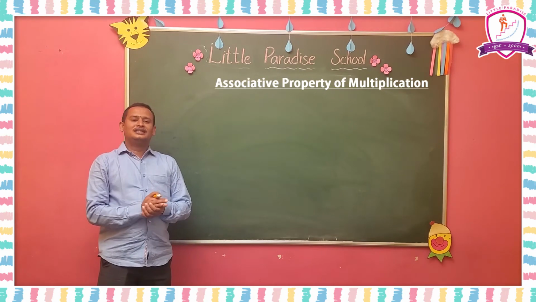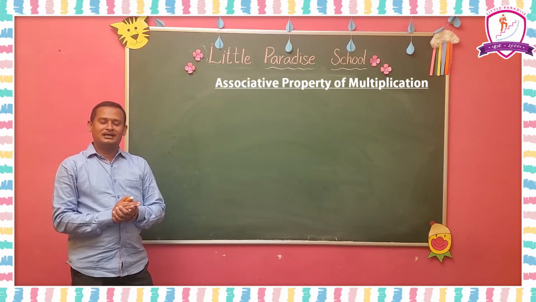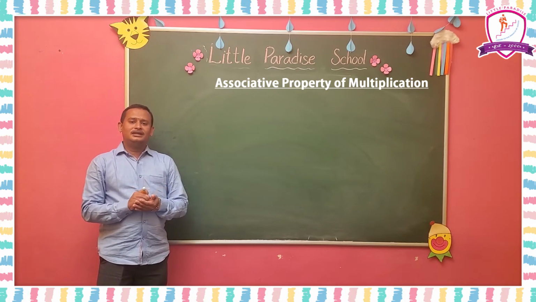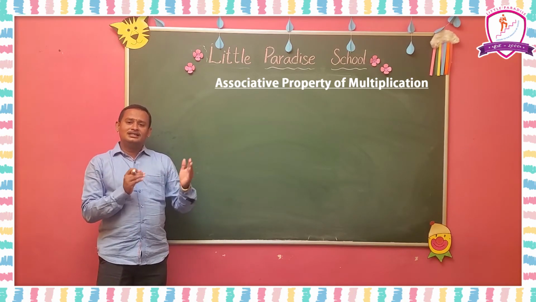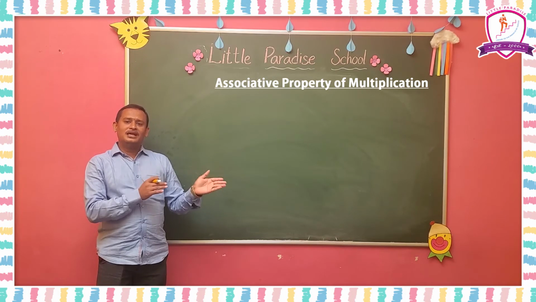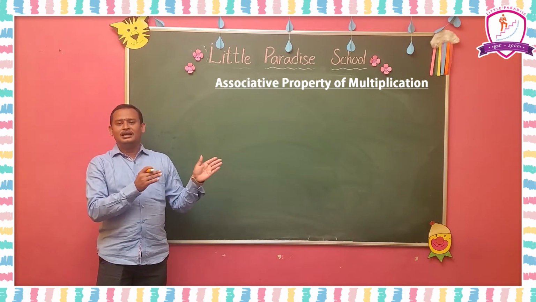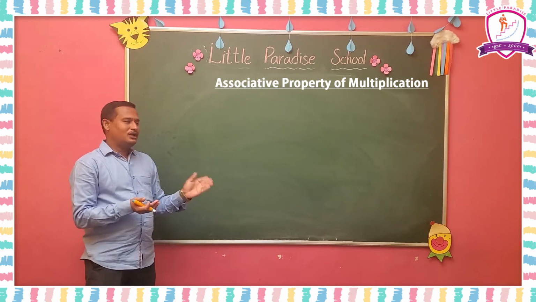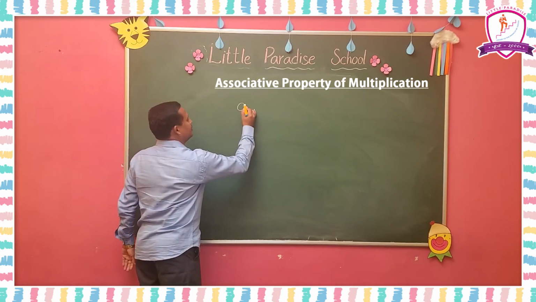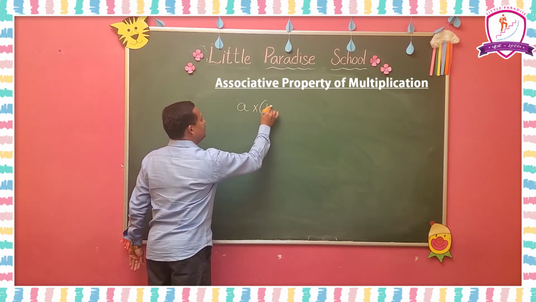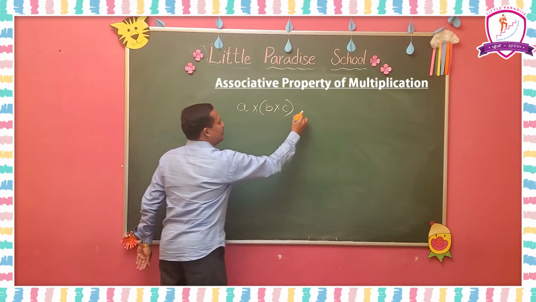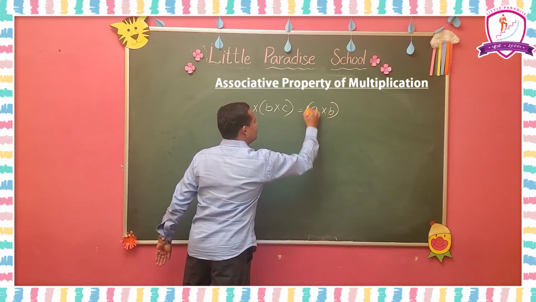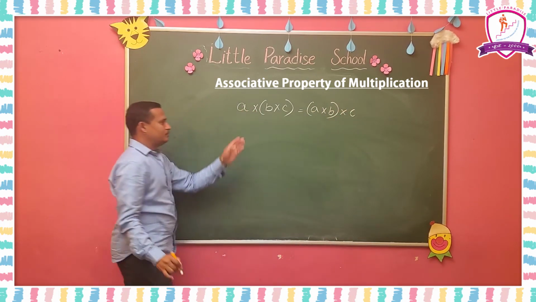We are going to discuss the associative property of multiplication. In the associative property of addition, what did we do? For any three integers a, b, c, we took a plus b plus c and a plus b plus c with brackets grouped differently. So here also a into b into c in one grouping is equal to a into b into c in the other grouping, we have to prove like this.